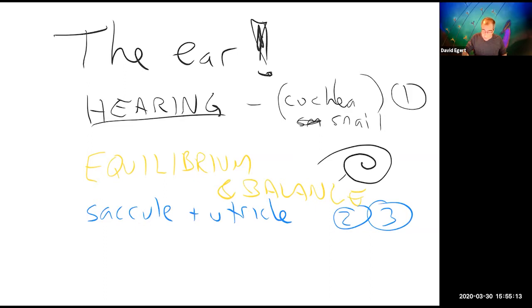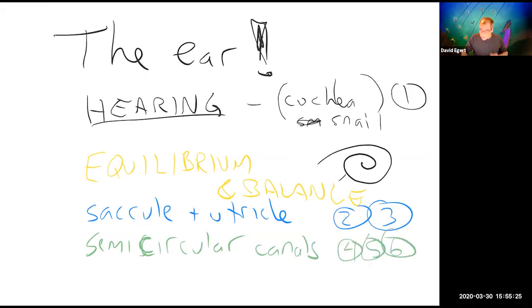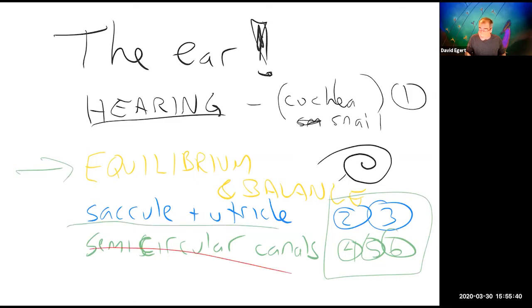We're going to talk about the semicircular canals. There's 3 of them. Let's say 4, 5, 6. So there's like 6 different parts of the ear that we're going to talk about, 5 of which actually have nothing to do with hearing, are actually about equilibrium, about which way is gravity going, which way is your head spinning.